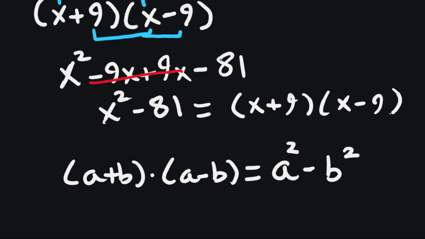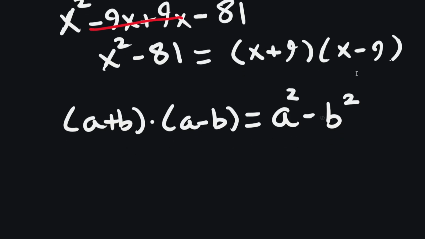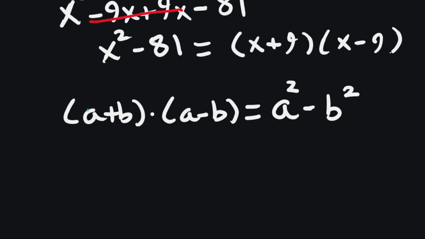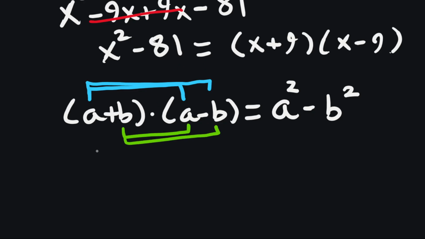And we can show this again using FOIL. So if we used FOIL on this general formula, a plus b times a minus b, so a times a, a times negative b, b times a, and b times negative b. So what's a times a? That is a squared. A times negative b is negative ab.